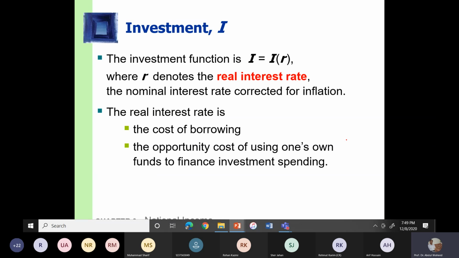So there is a negative relationship between interest rate, real interest rate, and investment expenditure. Okay, so real interest rate increases, investment decreases, और अगर ये कम हो जाए तो investment will increase.